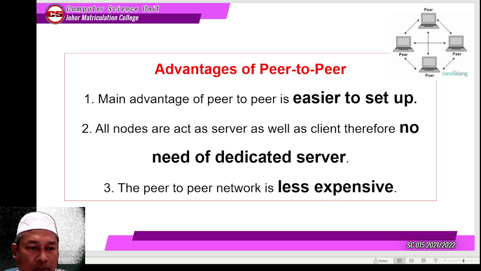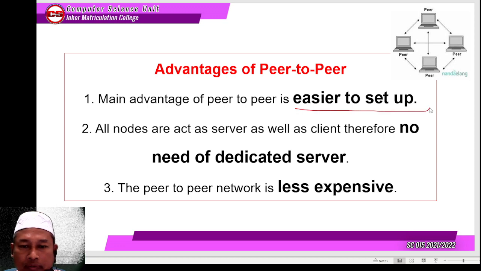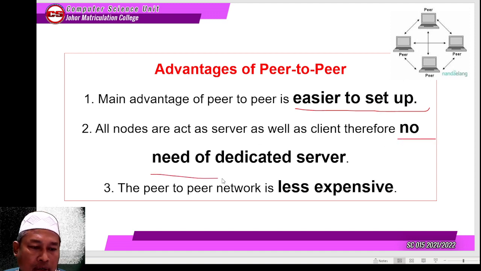And advantage for peer-to-peer, this is easier to set up. This is very easy to set up. You have an RJ45 cable and a hub. You can connect your computer and other computers to a network. This is very easy. No need for a dedicated server.